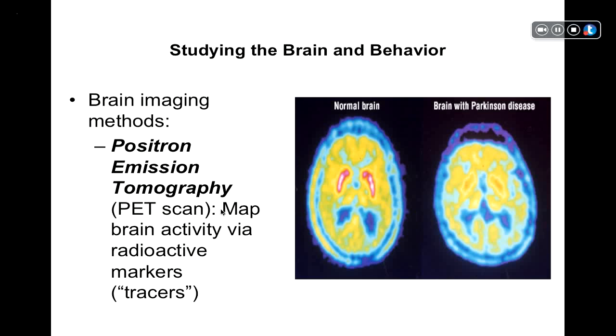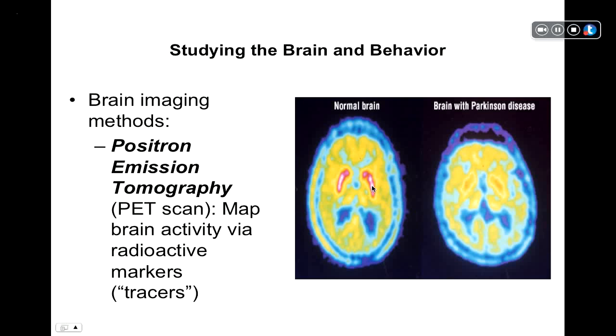Your brain uses a heck of a lot of sugar in behavior and thinking activities and that sort of thing. And so the PET scan has a screen that shows that different parts of the brain that are active light up in different colors. So you can see on this left-hand image that this red part here, there's a lot of activity around there, whereas in this brain, there's not.